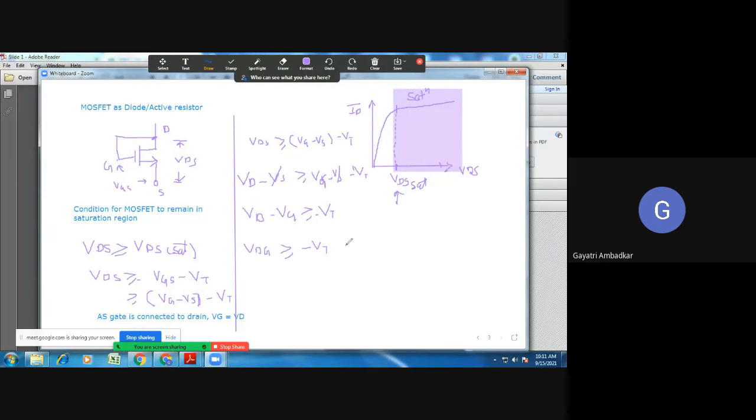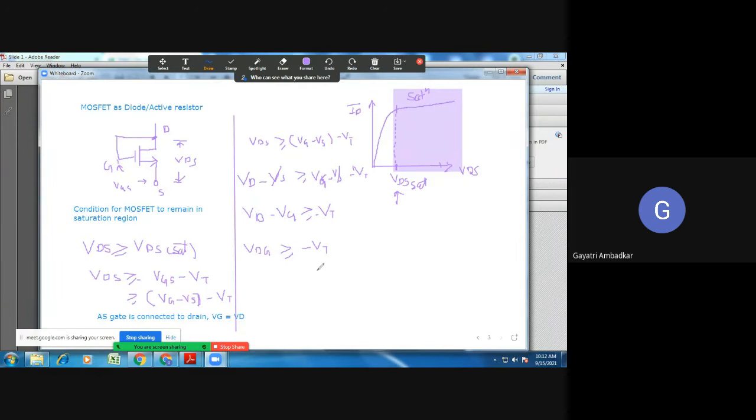Now this VT is always greater than 0 for enhancement devices. What is the condition I got? VDG, that is the voltage between drain and gate, must be greater than or equal to minus of VT.